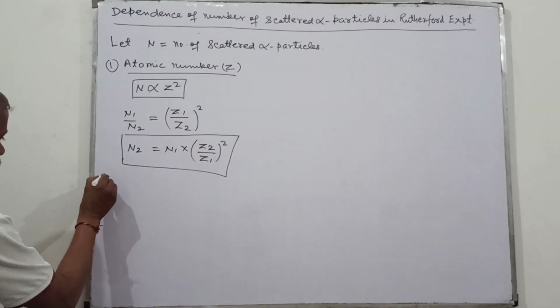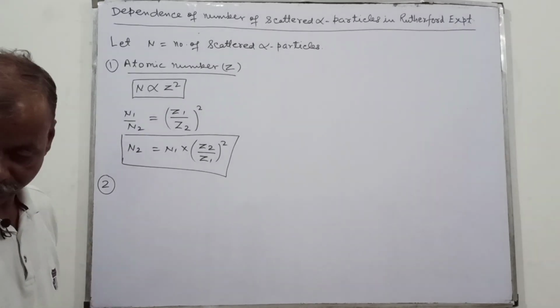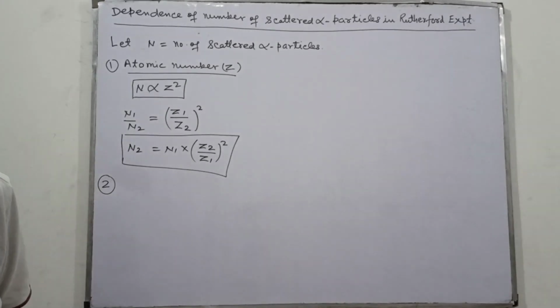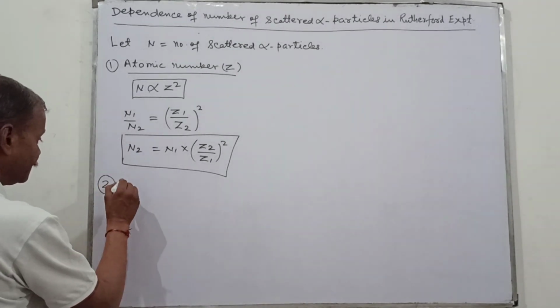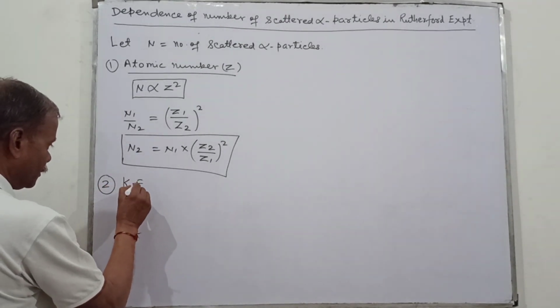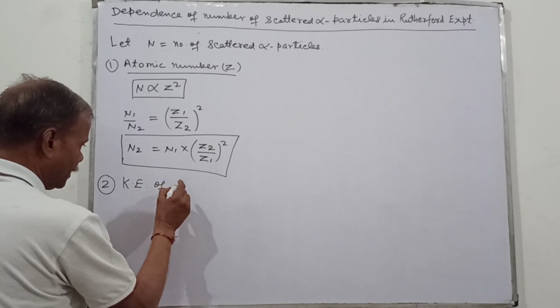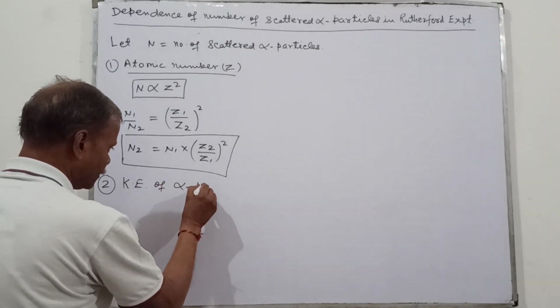Second is the kinetic energy of the alpha particle.